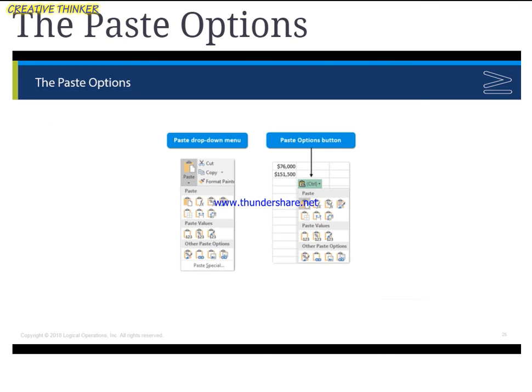We can paste just the formula. We can paste the formula and the number formatting. We can keep source formatting. We can eliminate borders. We can just grab the values, not the formulas, the values and the formatting, just the formatting. I mean, it's kind of easier as you go through. You can see a number of different options. It's not going to be quite as confusing as that probably made it sound.